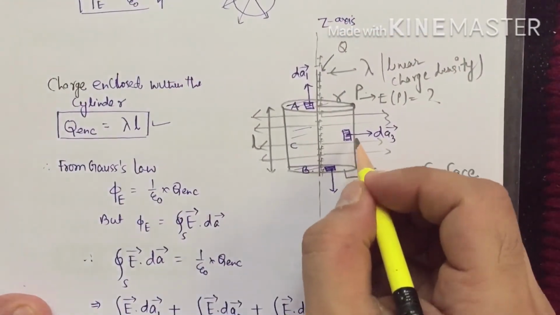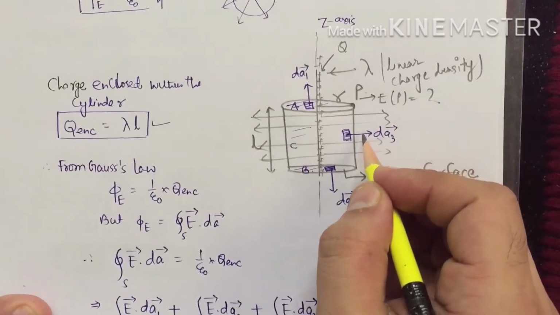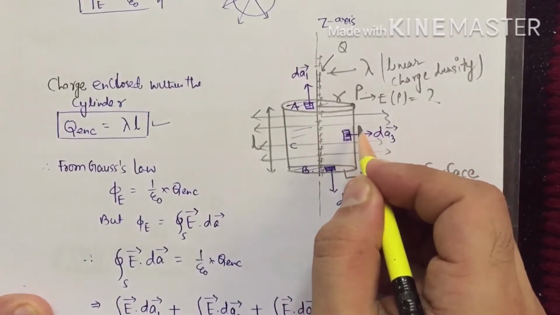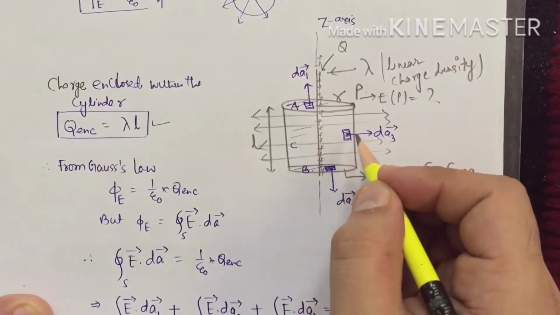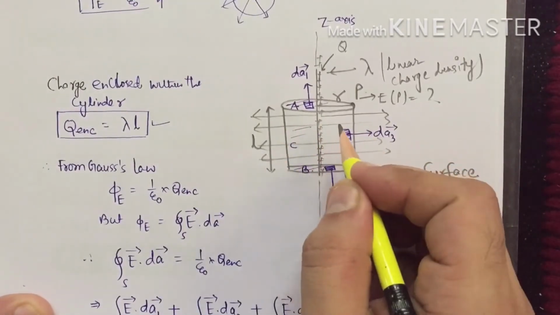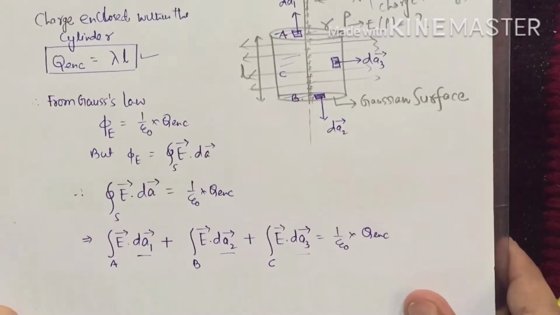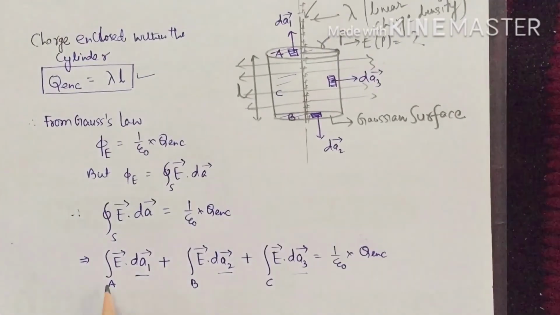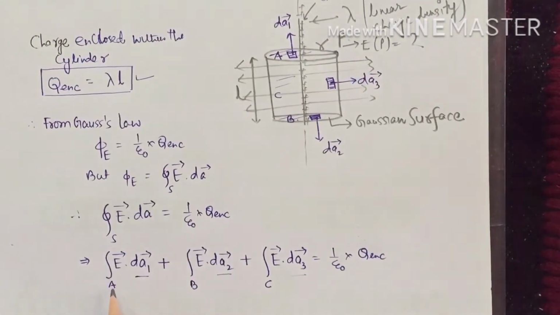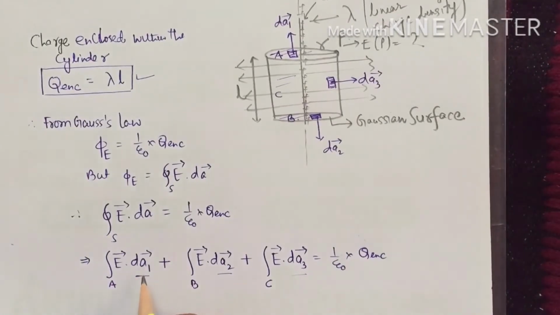We can see every time the electric field lines will cross the curved surface, and therefore we will have flux through this closed curved surface. Now let us see this integral E dot dA1 vector.